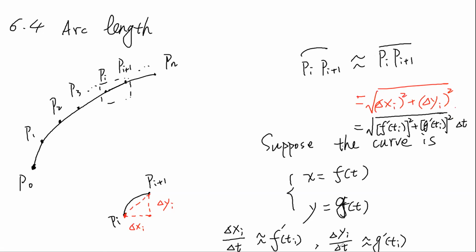Originally the delta t is inside, because from this expression, delta x_i is equal to f prime of t_i times delta t. If you square it, you get f prime of t_i squared multiplied by delta t squared. It's similar for the second term. If you factor out that delta t squared and take the square root, you get a delta t here.